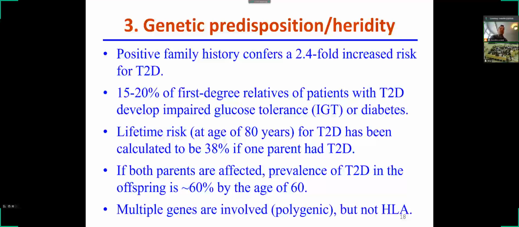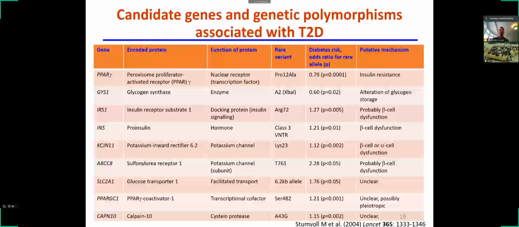Now, what are the genes? Well, it's complicated, because there are multiple genes that can put people at risk, and it's termed polygenic, but it's not HLA related. Remember, type 1 was HLA related, and type 2 diabetes is not. So what are some of those risk factors?